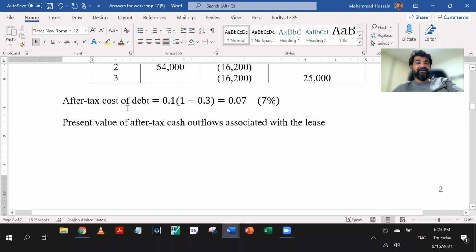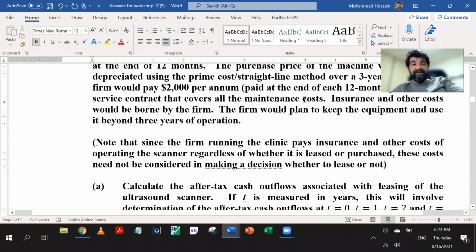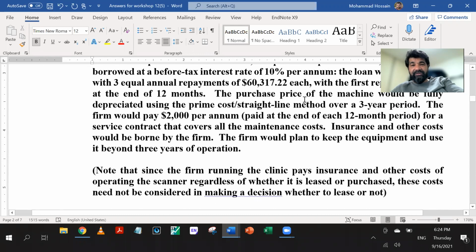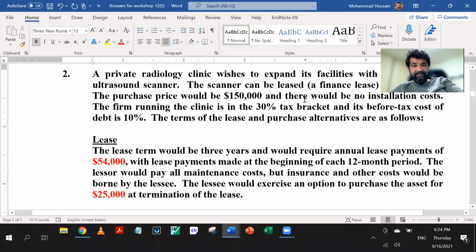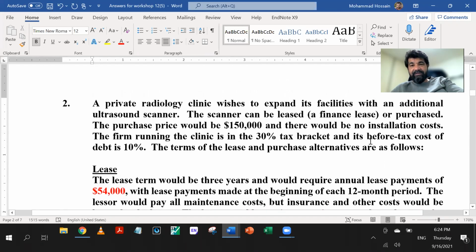Now, the after-tax cost of debt will be how much? It will be 7% because they say here 10% is the before-tax cost of debt.